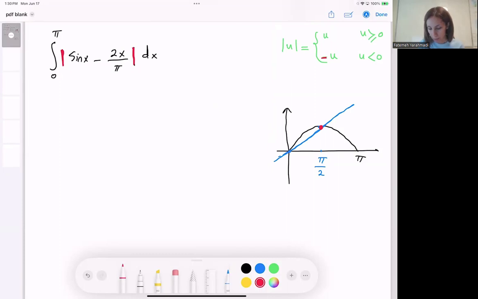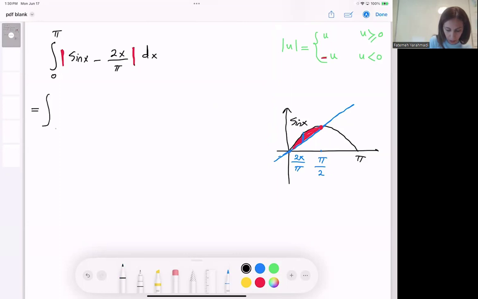Well, based on these, we can analyze the behavior of the absolute value. On the left-hand side, the sine function is the larger value, sine of x. So sine x minus 2x divided by pi, you can see this value is positive. So you can for now divide it this way.